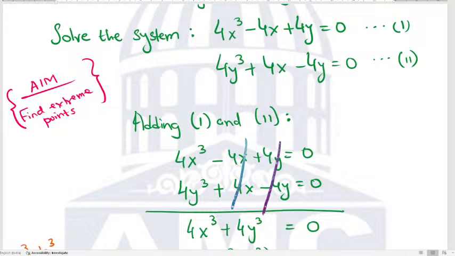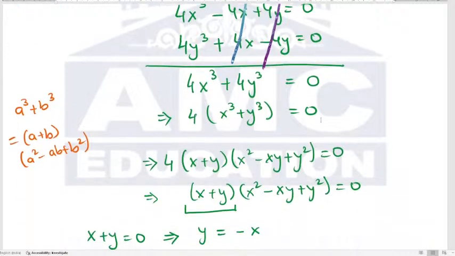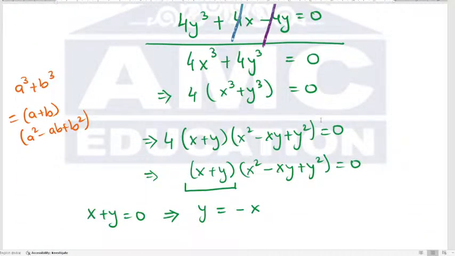This set of equations gives the extreme points. Now, what we did is that we identified that x plus y multiplied by x squared minus xy plus y squared is equal to 0. Correct? So this becomes 0 when x plus y is equal to 0. The other term can be equal to 0. We will come to that later.